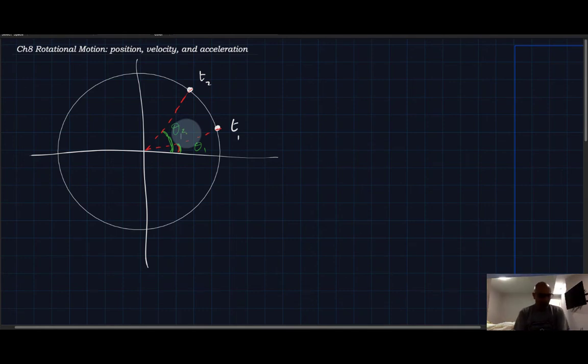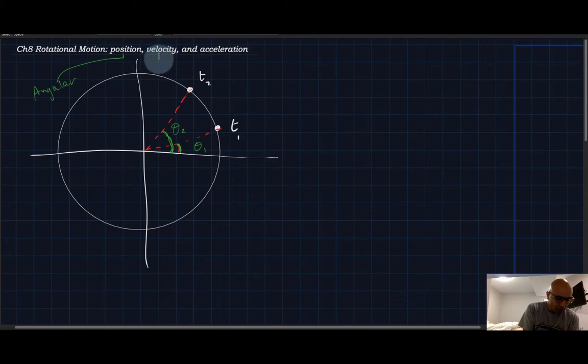Okay, remember now the difference between the two angles, theta 2 minus theta 1, is what we talked about before, which is the angular separation or angular displacement. So we are actually talking about rotational motion. We're not going to talk about position, we're going to talk about angular position.